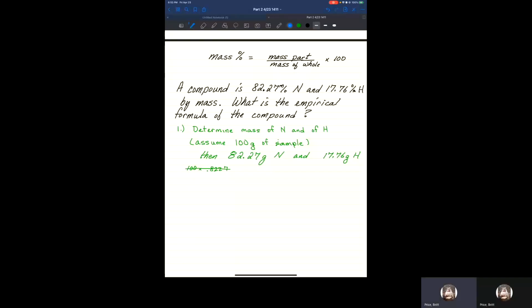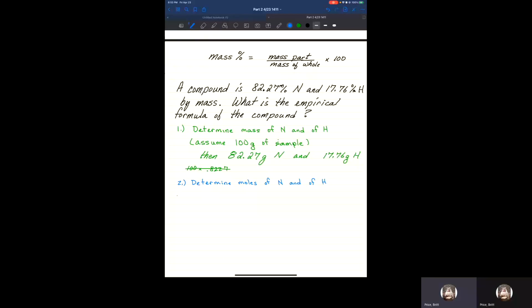Second piece. Determine moles of N and of H. So I've got two parallel calculations.